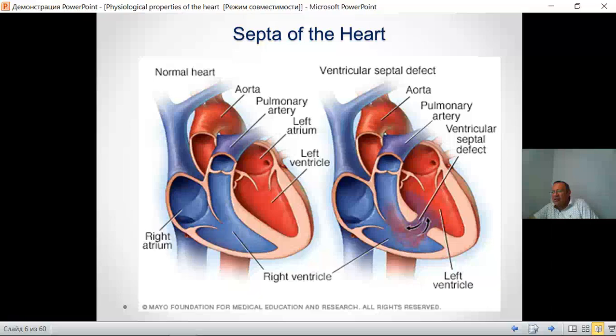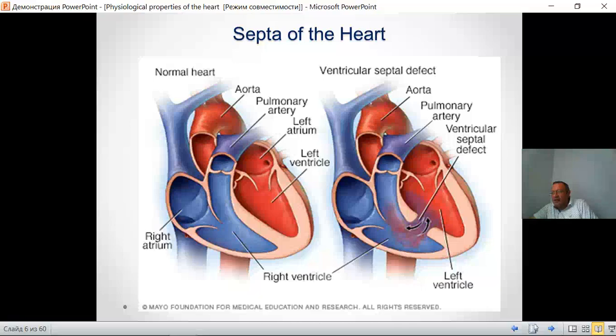Located in each of these openings is a valve, a specialized structure that ensures one-way flow of blood. The valves between the atria and ventricles are known generally as atrioventricular valves.